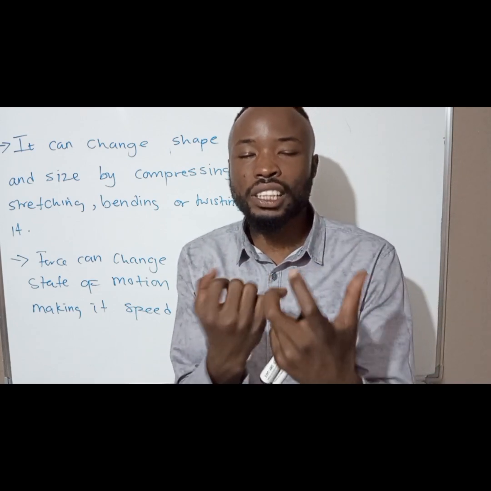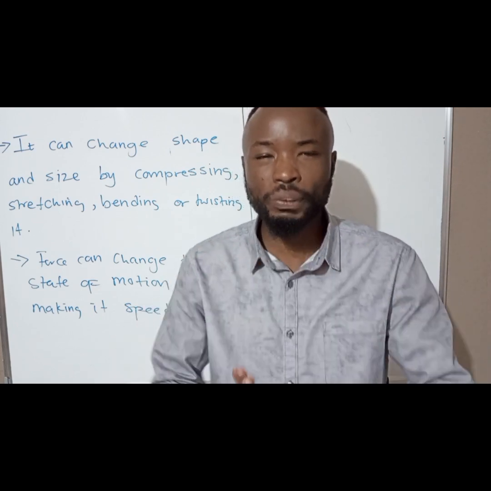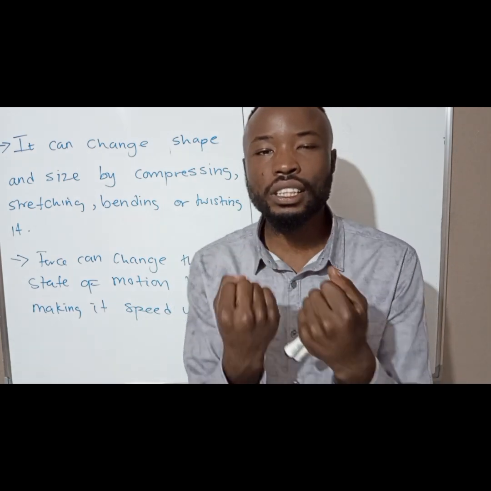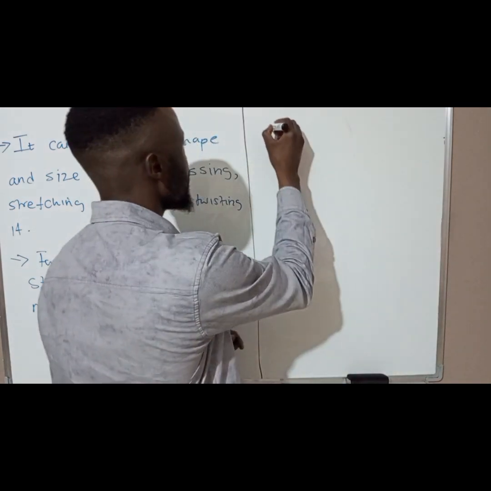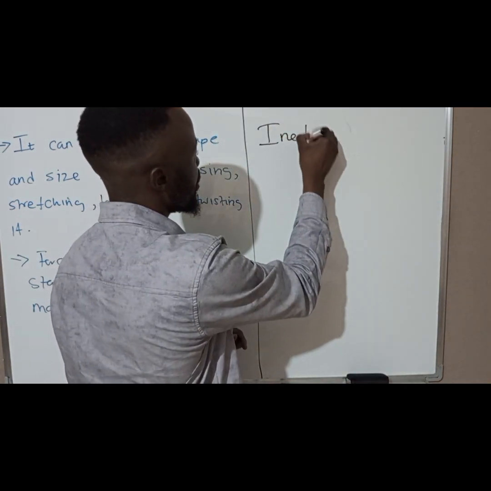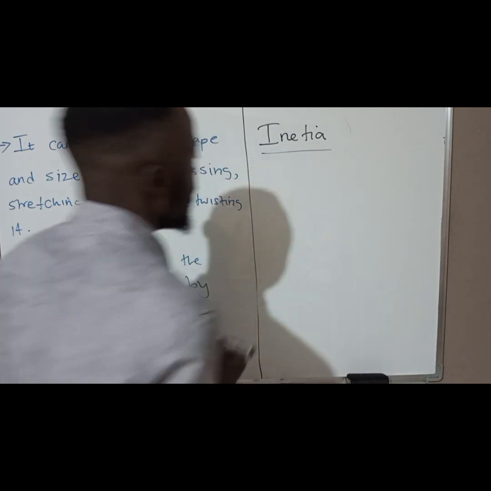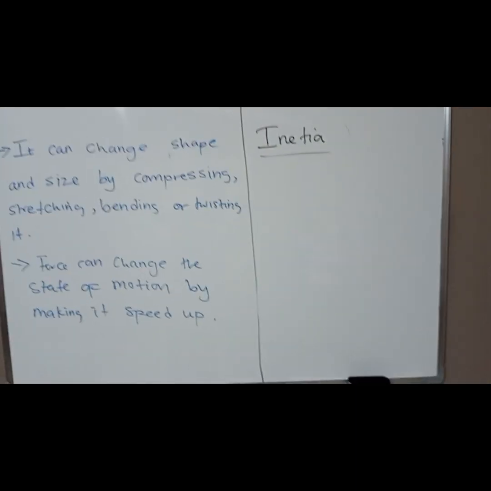Then remember that whenever force is being applied on an object, there is that resisting ability of an object, and that resisting ability is what we call inertia. Okay, so what is inertia?